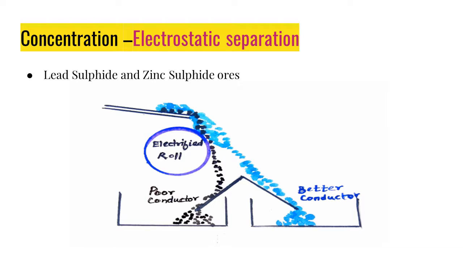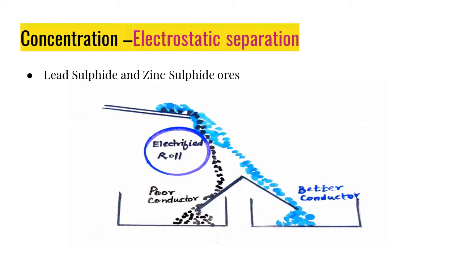Next is concentration by electrostatic separation. Here the electrical property of the material is used to separate the ores. Some materials will have electrical conducting property, whereas other materials will not. Say for example, we have lead sulfide and zinc sulfide ores as a mixture. Here lead sulfide will have a better conducting property than zinc sulfide.